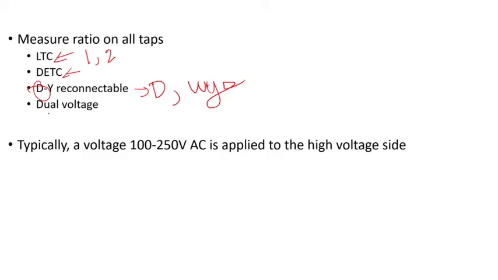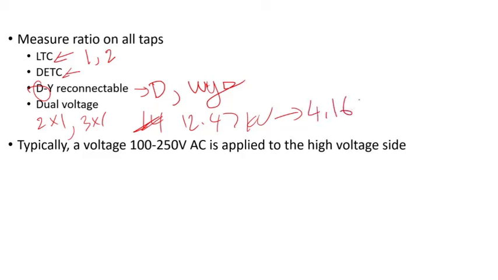If you have a dual voltage, because you might have like a 2x1 or 3x1, for instance, you might have 12.47 kV, and if you divide that by 3 or by 2, say 4.16 kV.